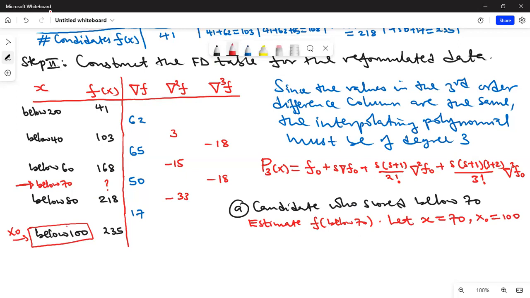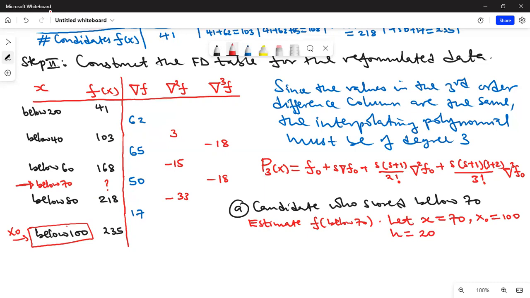Now, we need h, the step size. Look at below 20, go to below 40, go to below 60. What is the spacing? It is 20. It is uniform because you add 20 to 20 to get 40, you add 20 to 40 to get 60, and so on. So our spacing is 20, which is uniform spacing.